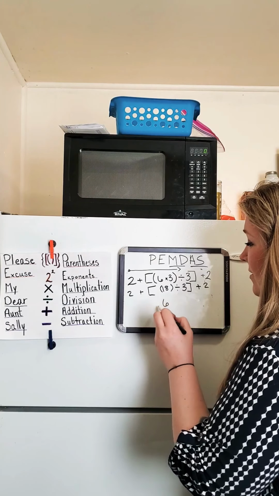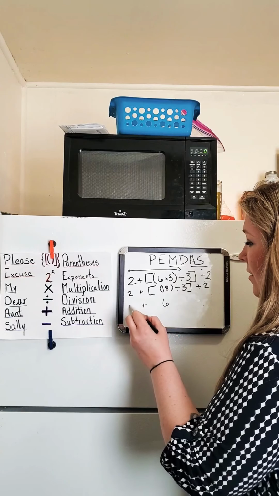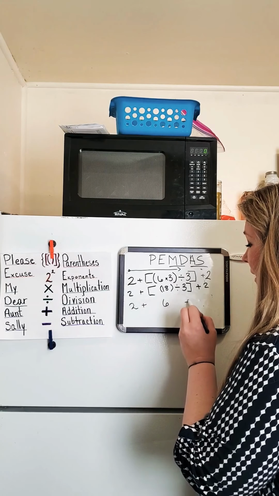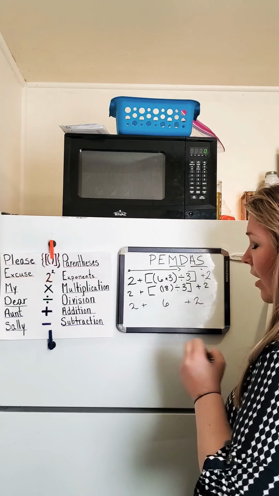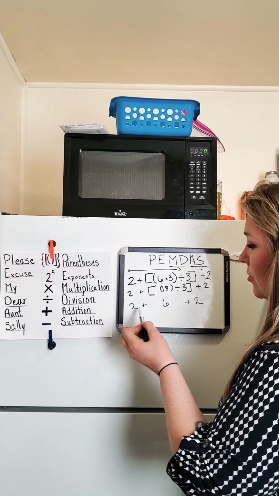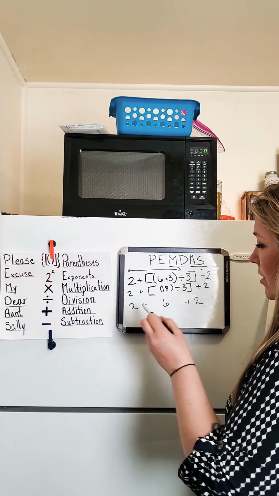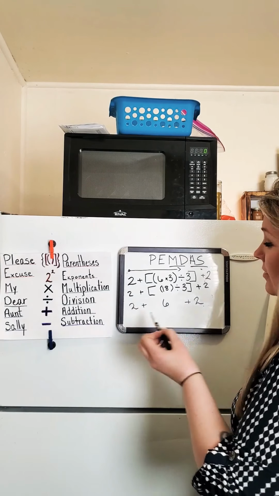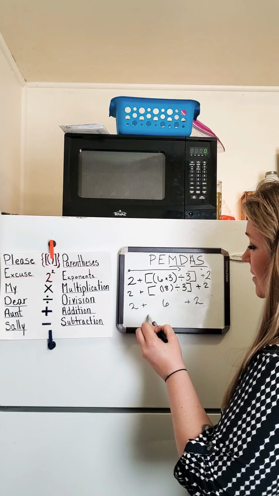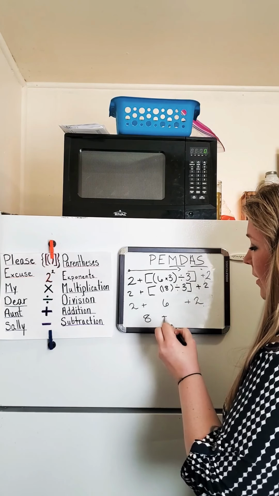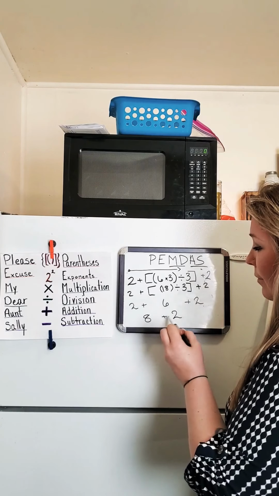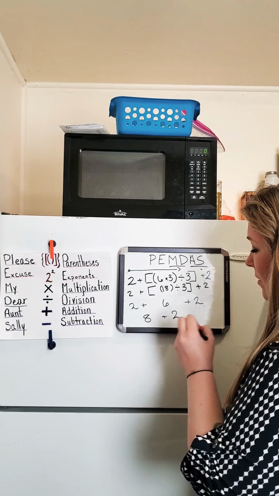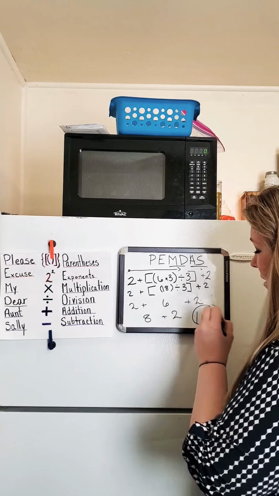So then we just have 6. So now I just have to add the rest of my problem in here. So now my problem ends up being 2 plus 6 plus 2. So I'm going to do that from left to right. So 2 plus 6 is 8 plus 2. 8 plus 2 is, I'm going to write it over here, 10.